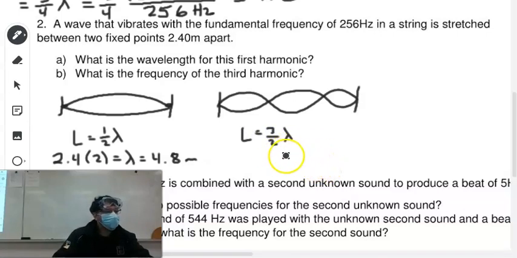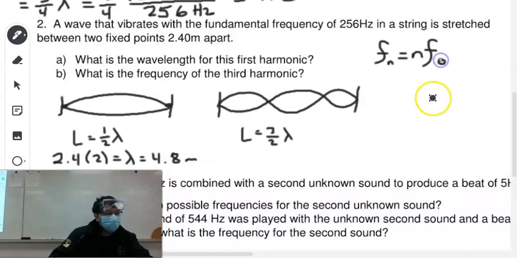Now the interesting thing is, for harmonics, here's a good relationship. The frequency of the nth harmonic is simply n times the fundamental frequency.